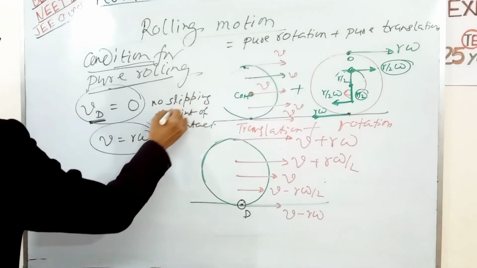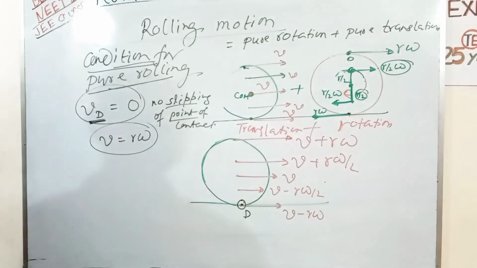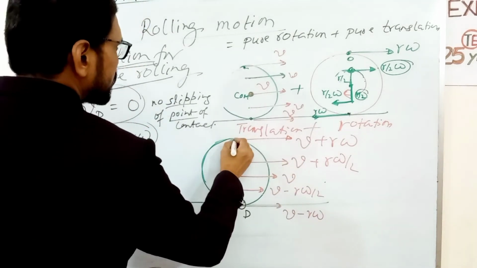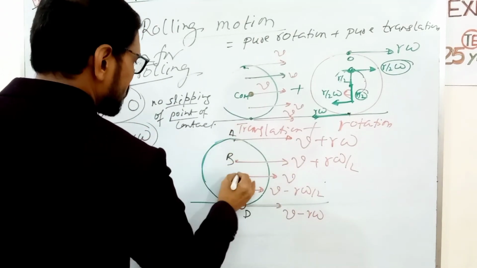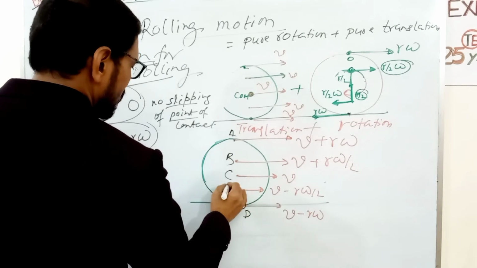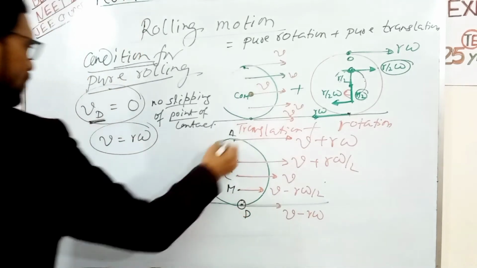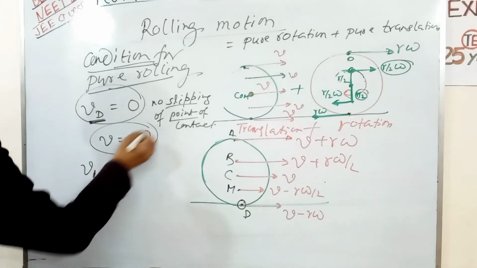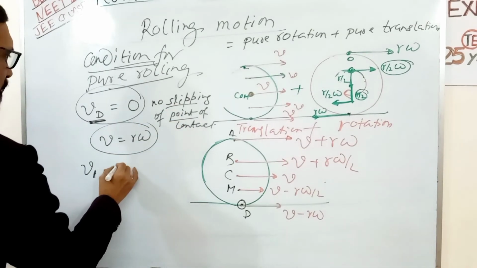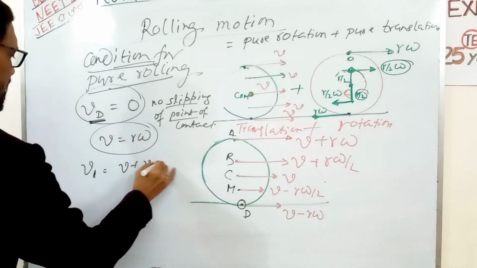So for no slipping or pure rolling, suppose this point is A, this point B, this point C, this point M. What is the velocity at A in pure rolling? This will be v plus r omega, that is 2v.